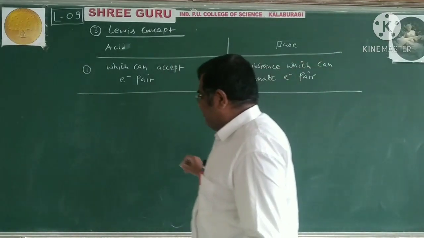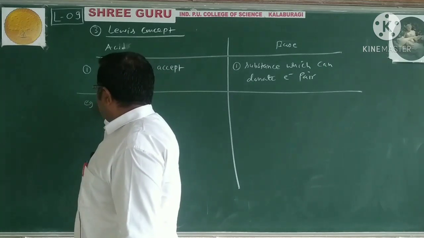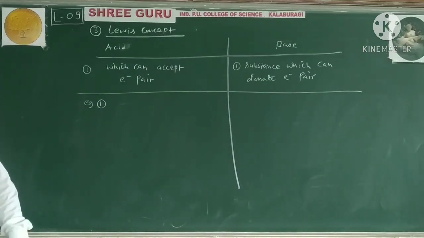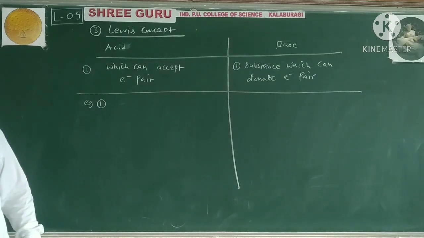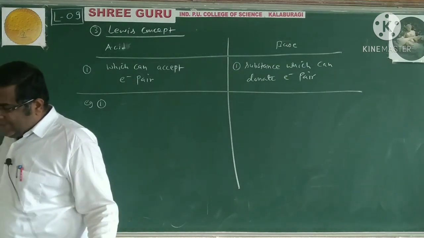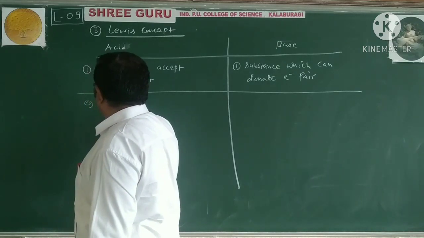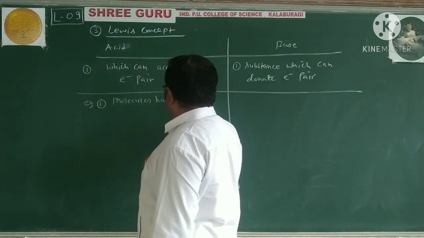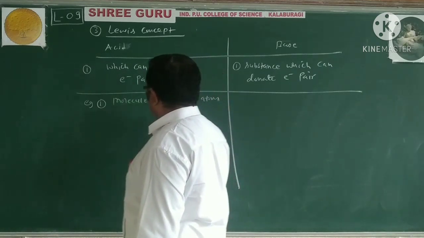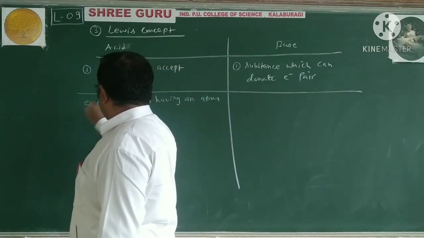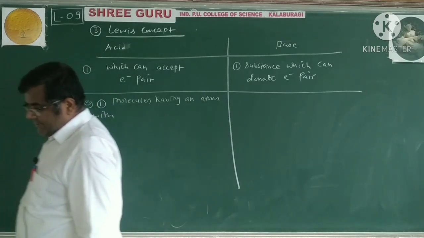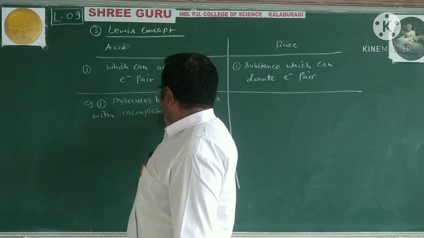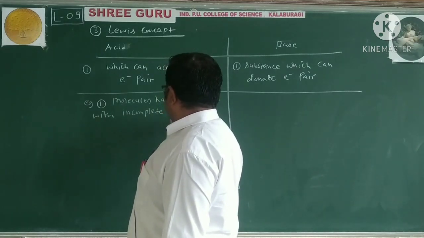This is the definition. Now most important thing is example, because so many examples we can put here. The first one is molecules having an atom with incomplete octet. You have seen the examples of incomplete octet in chemical bonding.